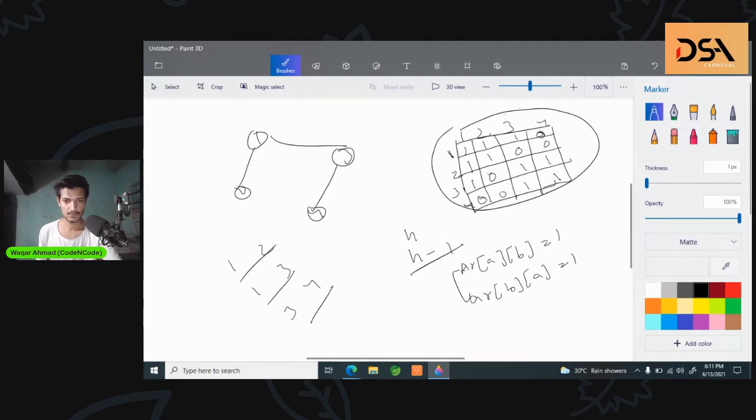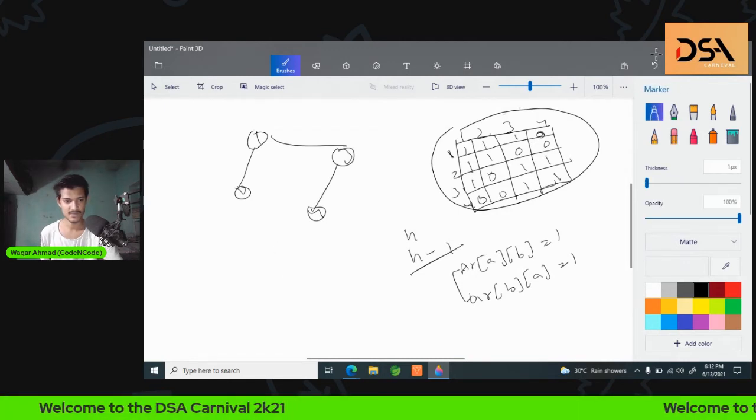Now one important thing about this representation is the drawbacks that you must know about. Here, what is the space complexity?